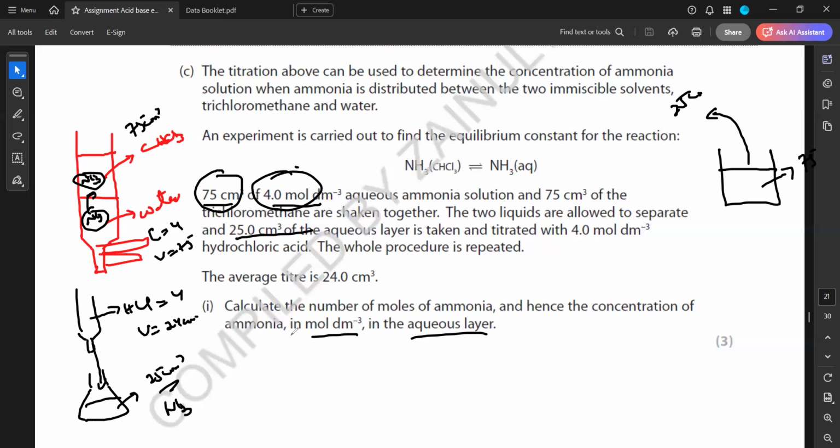That was having all the ammonia. So how to get the moles? Moles is concentration times the volume. So concentration is 4. And what about the volume? The volume is 75 divided by 1000. What's the answer for this?